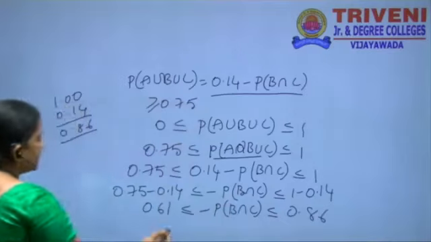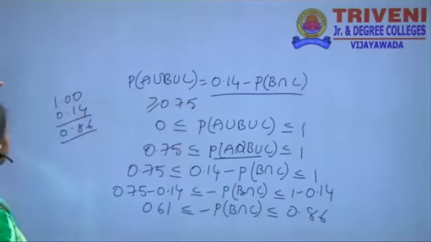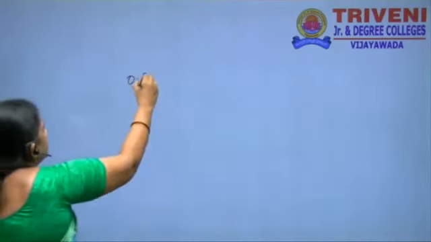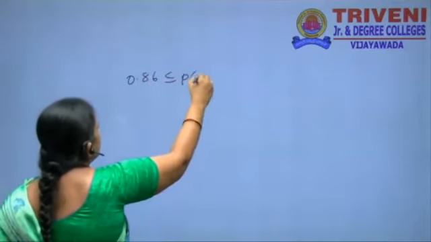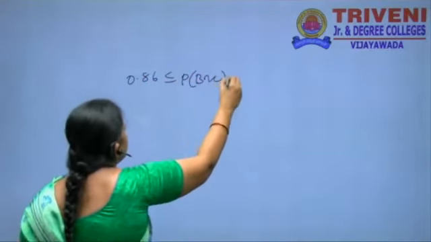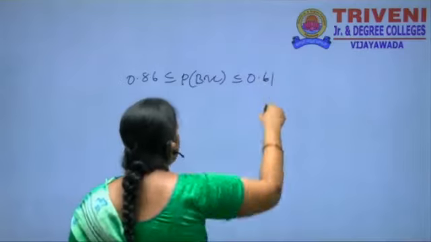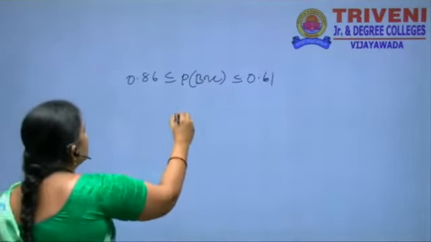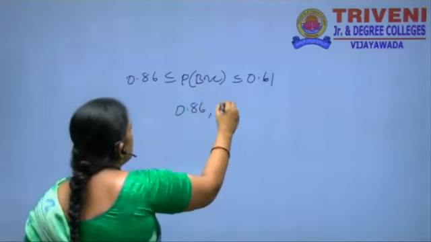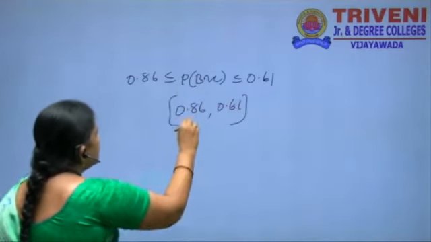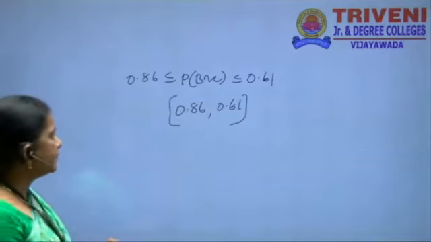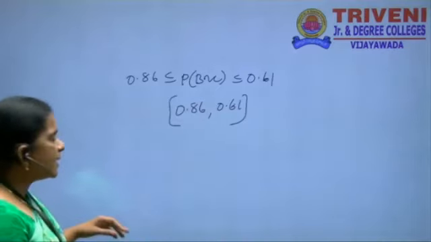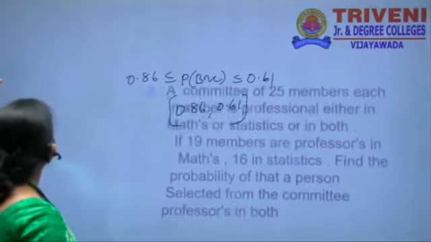Then applying minus on both sides, 0.86 less than or equal to P of B intersection C less than or equal to 0.61. P of B intersection C lies between 0.86 and 0.61.